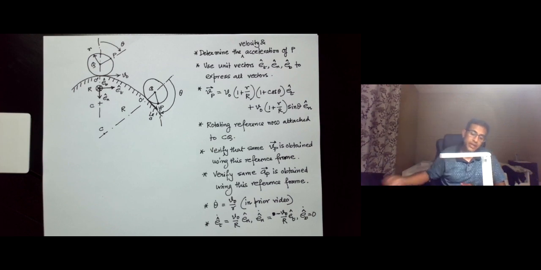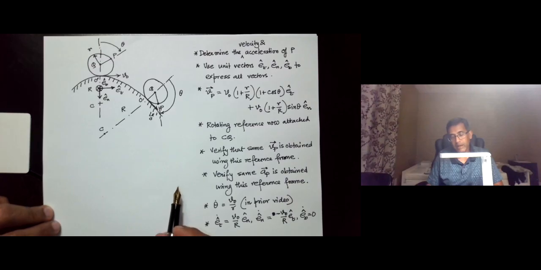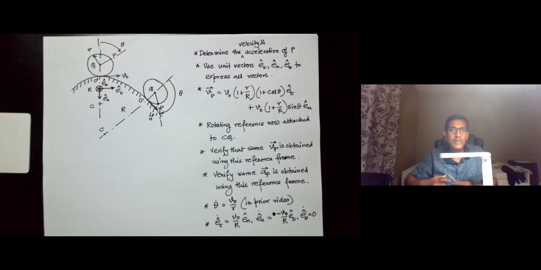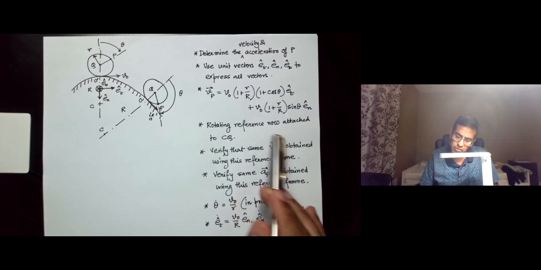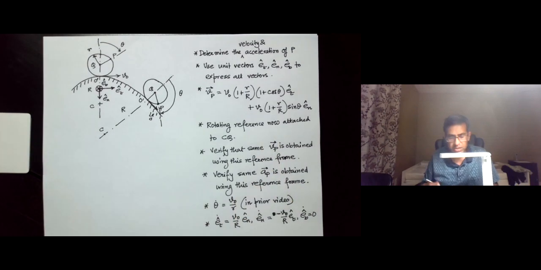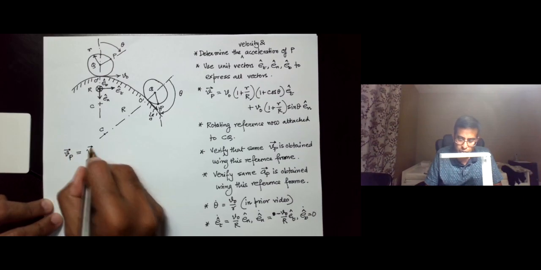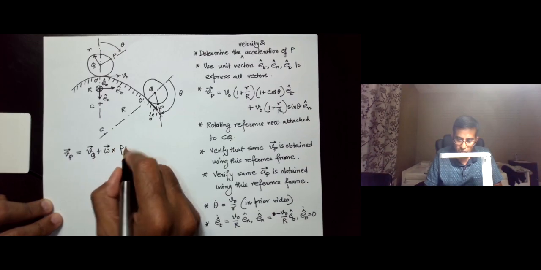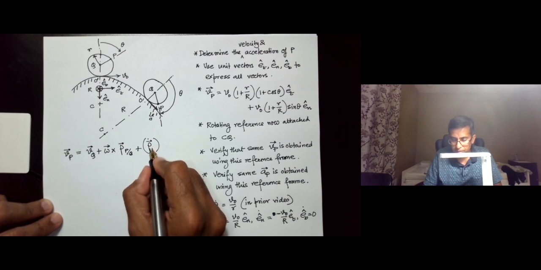So now when we attach the rotating frame to the line CQ, it will be easier for us to express the velocity equation, velocity of P with respect to O prime, because when we choose this new reference, the rotating reference to be fixed to CQ, when we write the equation for Vp, we can write it as Vp equals Vq plus omega cross rho p with respect to q plus rho dot p with respect to q, r.